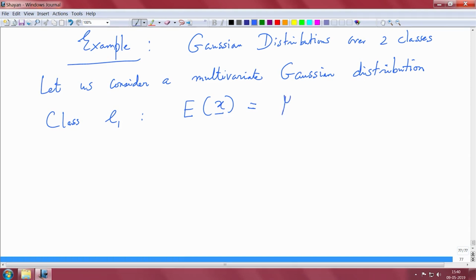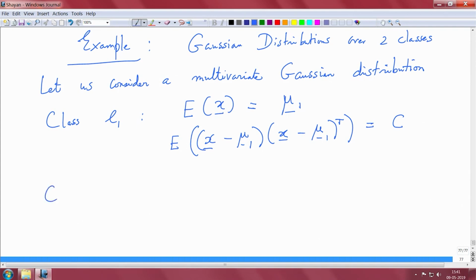The mean is mu1, it is a vector, covariance is a matrix which is x minus mu1 times x minus mu1 transpose. Let us assume that for the purposes of simplification we assume that the covariance matrices are the same to be C. You can have C1 and C2, that is a more general version, but in our example let us make the covariance matrices to be the same.